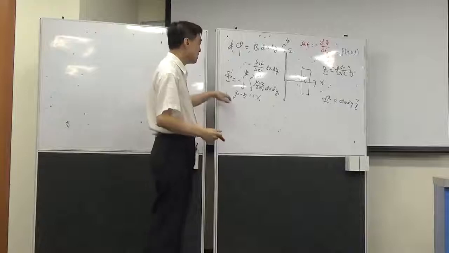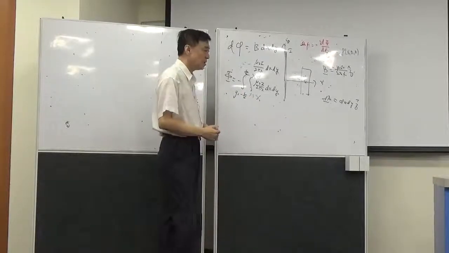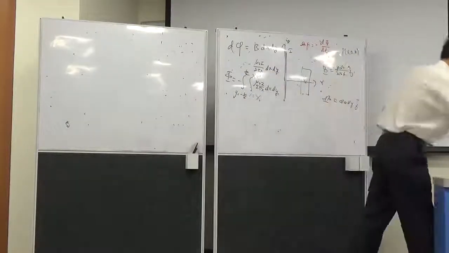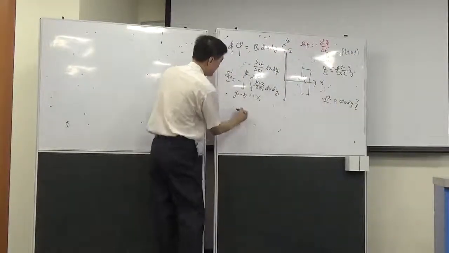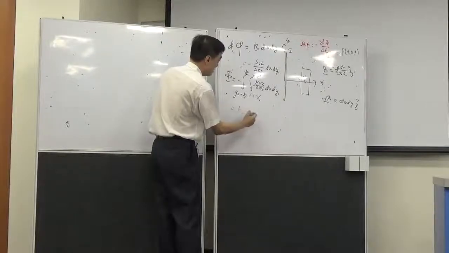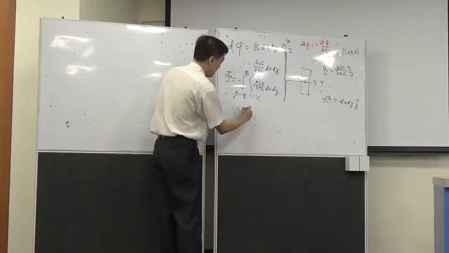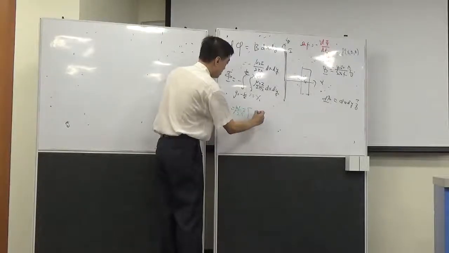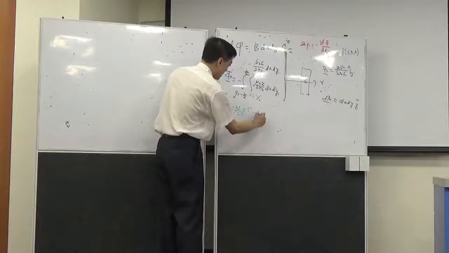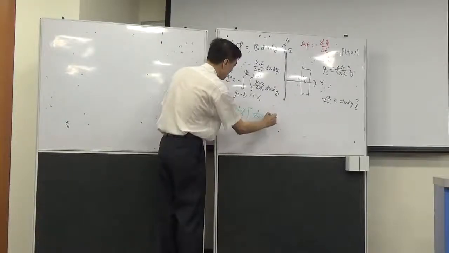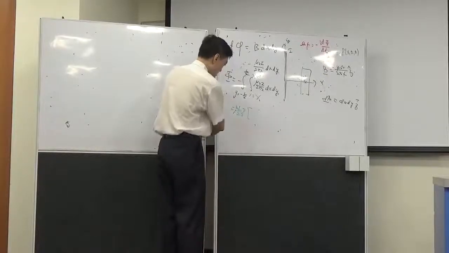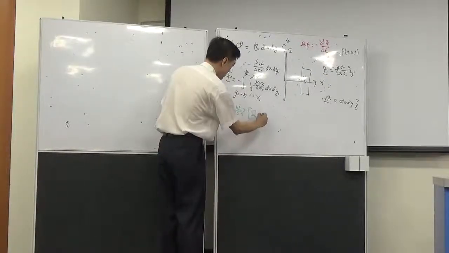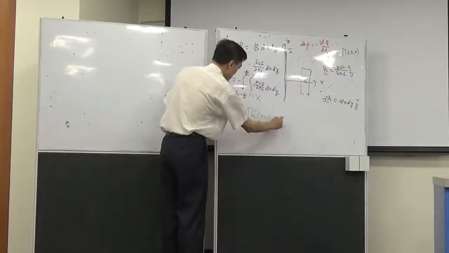In this one, I'll just write it down. It is equal to minus L mu naught I over 2 pi, times log(x plus s) minus log x.